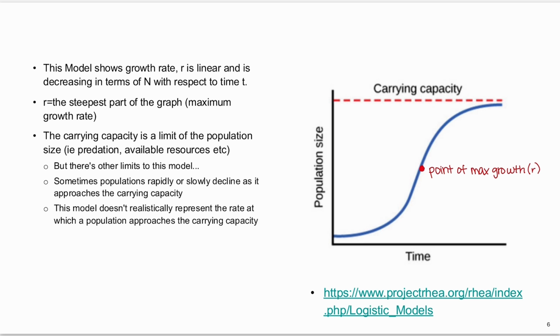The carrying capacity is a limit of the population size, and that usually comes from predation or available resources, or just because there's limited space in the environment. But there are other limits to this model. Sometimes populations rapidly or slowly decline as they approach the carrying capacity. This model doesn't realistically represent the rate at which a population approaches the carrying capacity, because every population is different.